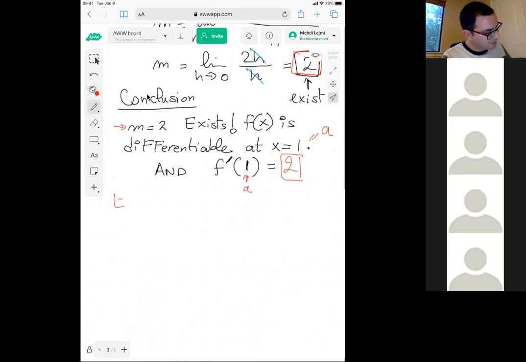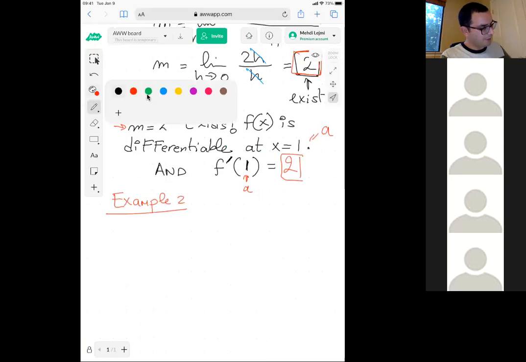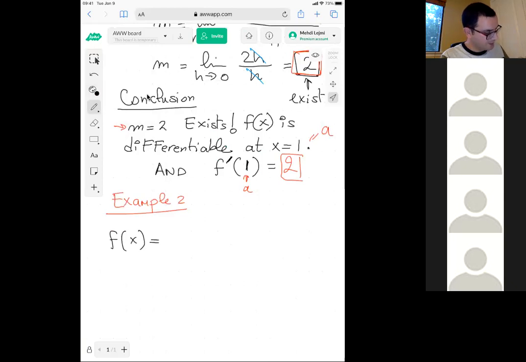So example number 2. I think I did this example yesterday, but many people missed the lecture yesterday. So this is a very good example, actually. It's a standard example.